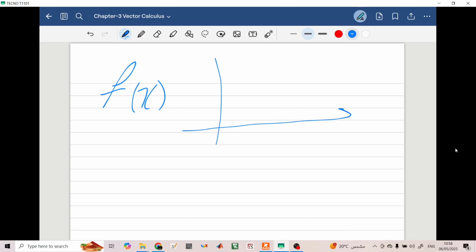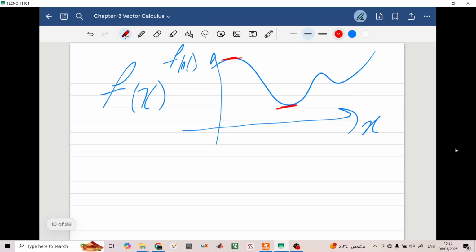Let's say it is something like this, right? This is x, this is f of x. Now we have extreme values, meaning maximum and minimum values. So this is an extreme value, this is an extreme value, this is an extreme value. So this is a maximum, this is a minimum, this is a maximum, this is a minimum.